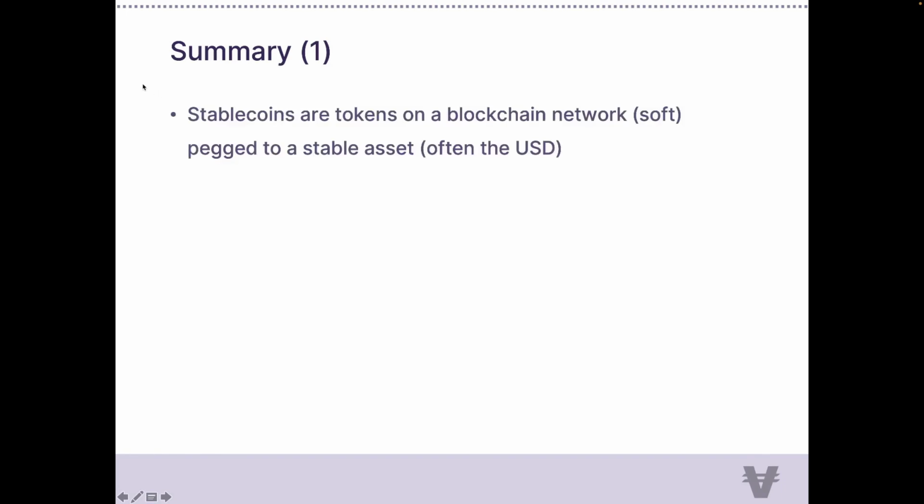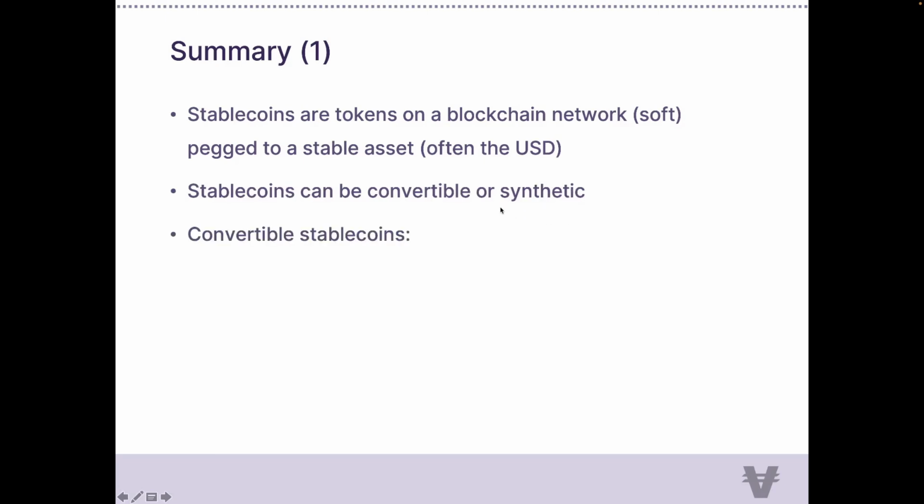So what did we discuss today? We have discussed that stablecoins are tokens on a blockchain network. They are pegged to a stable asset, which is often the US dollar. They can be convertible or synthetic or algorithmic. Convertible stablecoins, as we discussed, like USDT or USDC, have reserves backing them. PAXG has gold reserves.